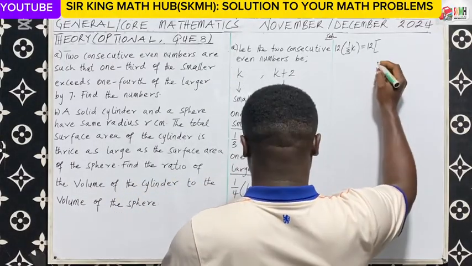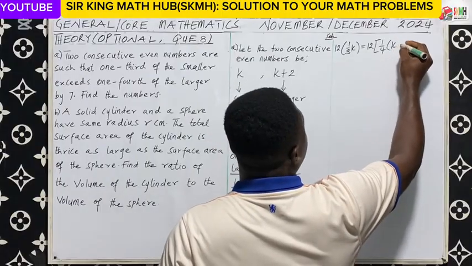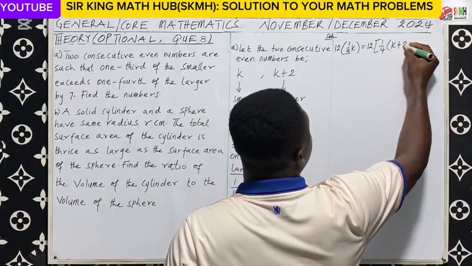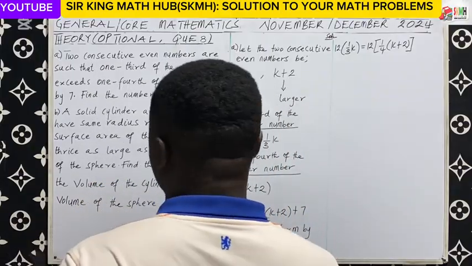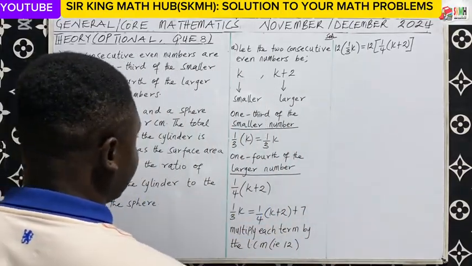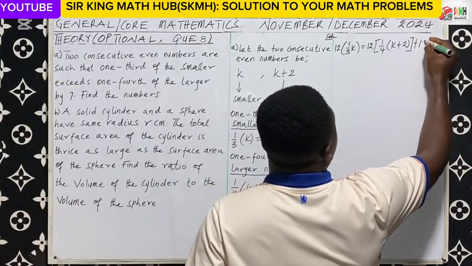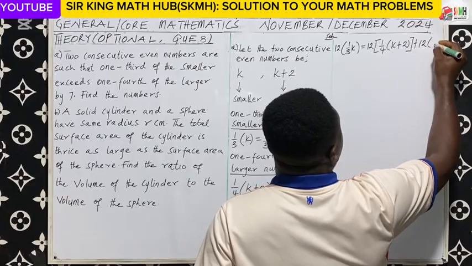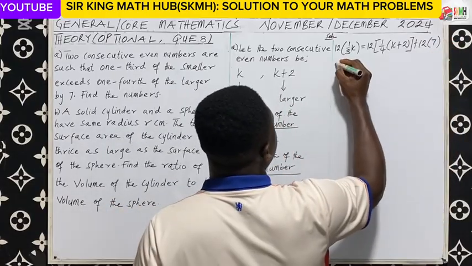So we have 1 out of 4 k plus 2. And also the third term, which is 7, must also be multiplied by the LCM. So let me repeat this.